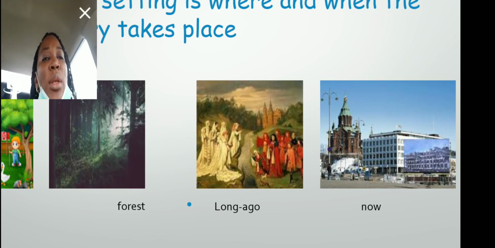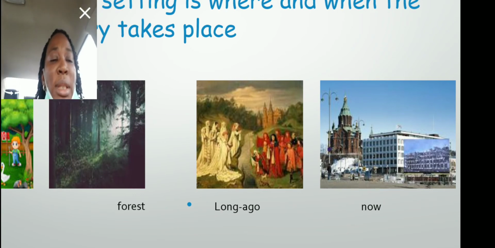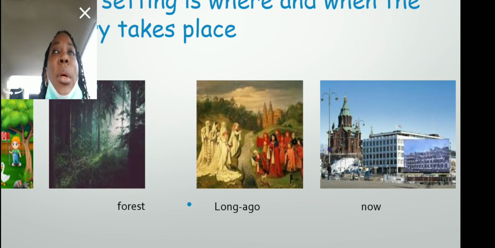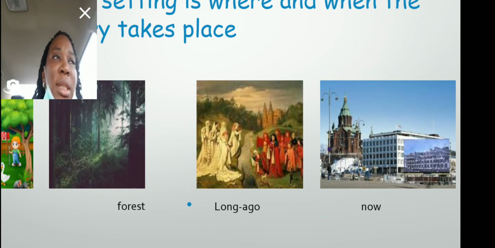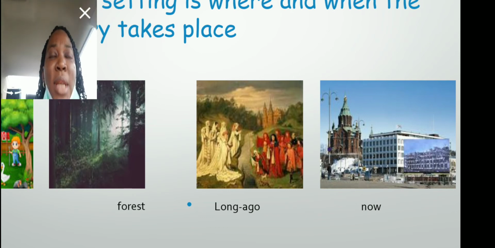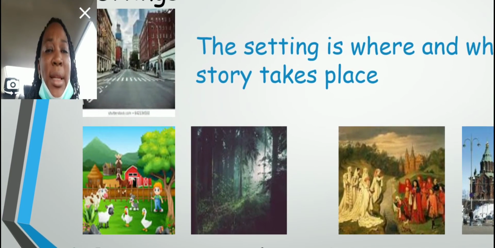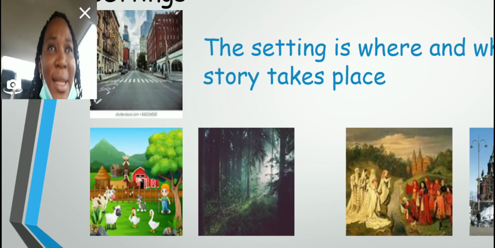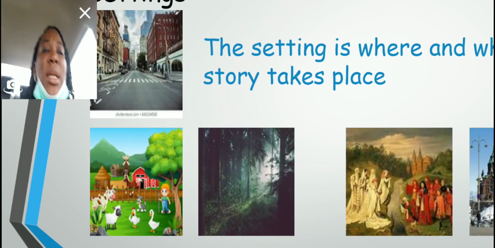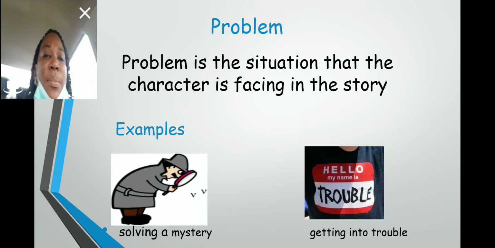Then it can happen a long time ago, like in the olden days, or it can happen now. There are some movies that we watch and we see people dressing like ancient times. So the setting was ancient times, the olden days. And then we can see movies where you have what we see now, what we see every day. That is also the setting. So the setting is where and when it takes place.